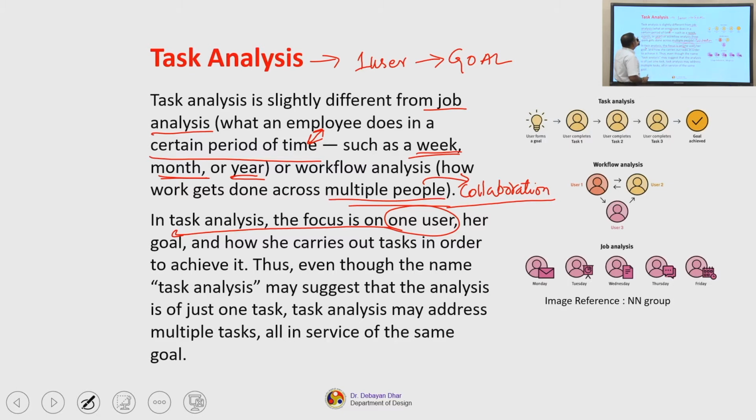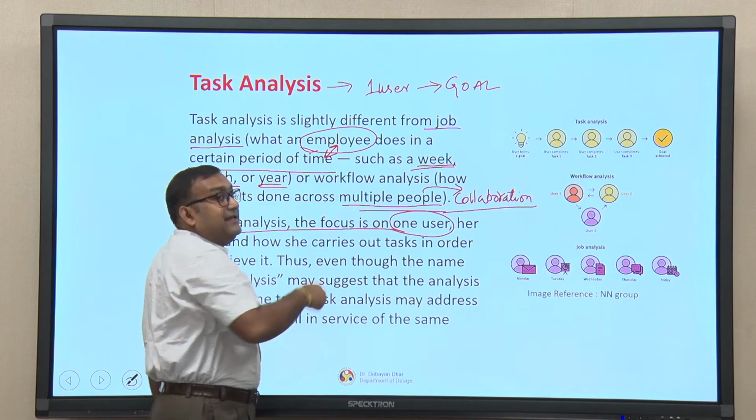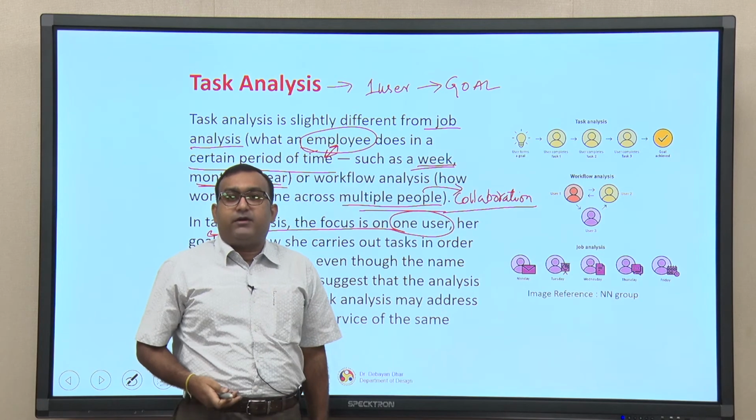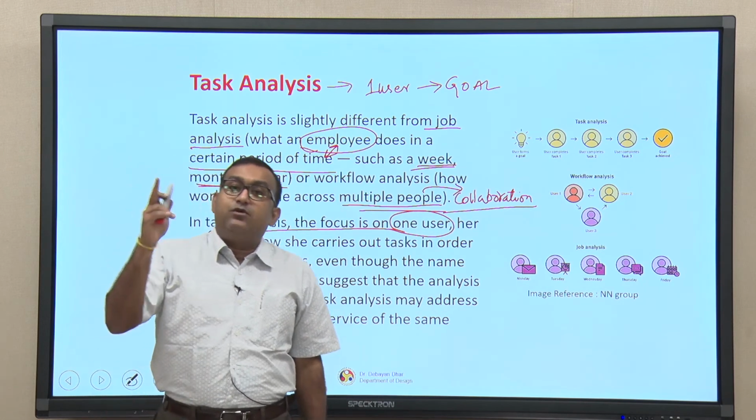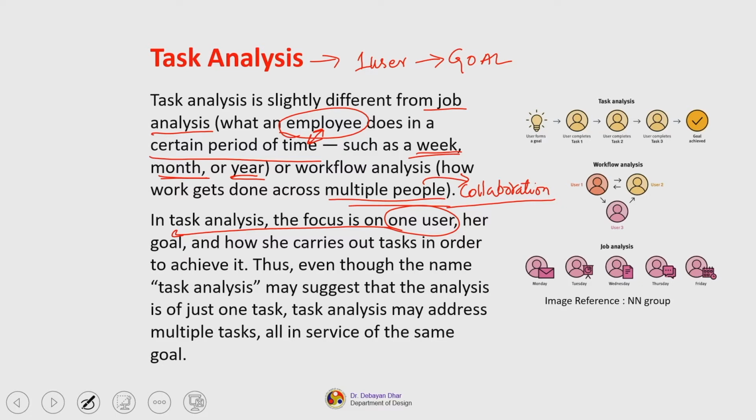While when we talk about job analysis, we are focusing on an employee. Here the role of the person is important, and the role is that he is working for an organization. So the relationship is employee, and at a certain period of time, whatever he has done.